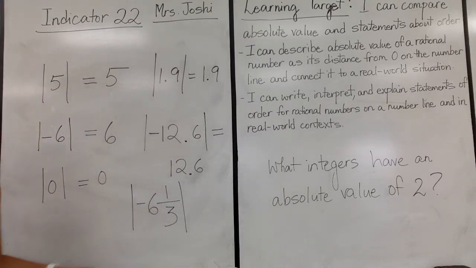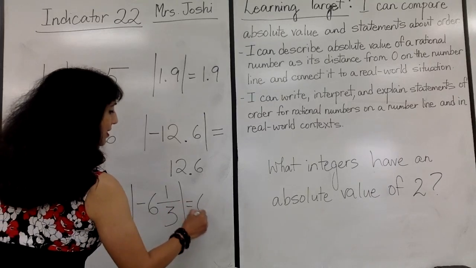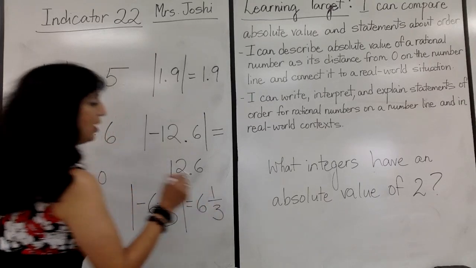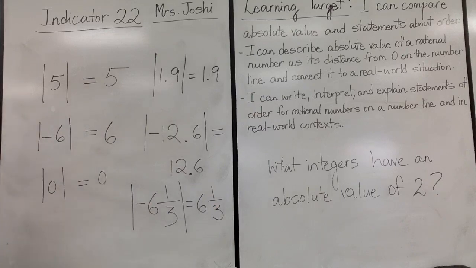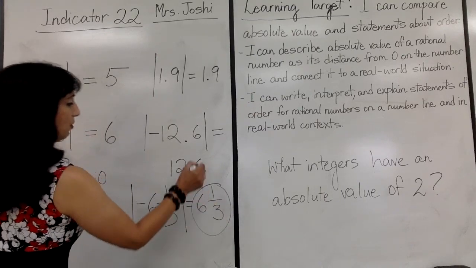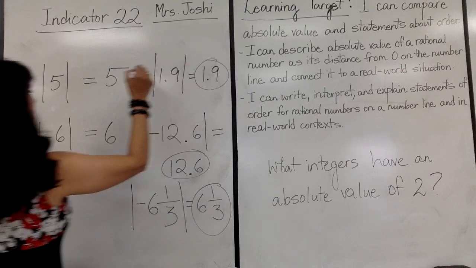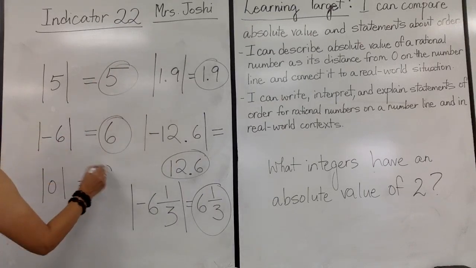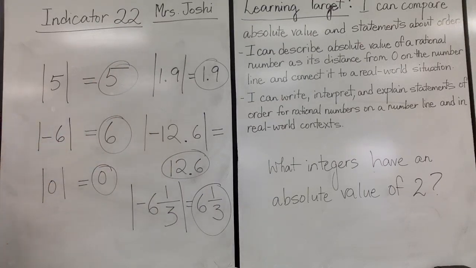You're looking at how far is negative 6 and 1/3 from 0. It is 6 and 1/3 units away from 0. So this is my absolute value. These are my answers.